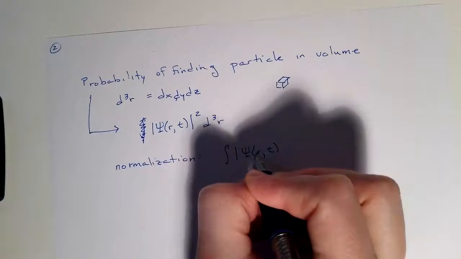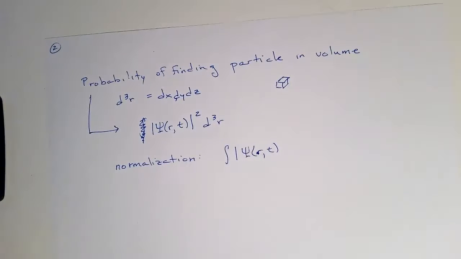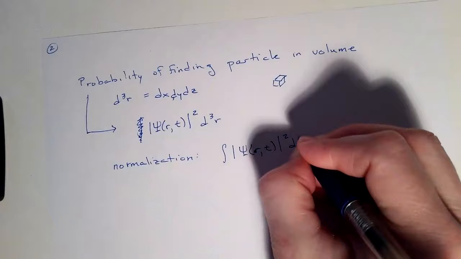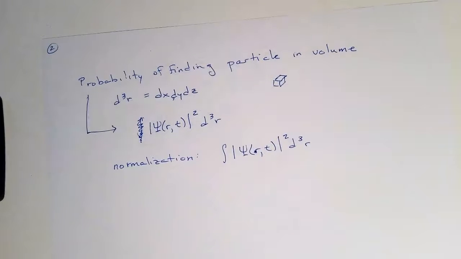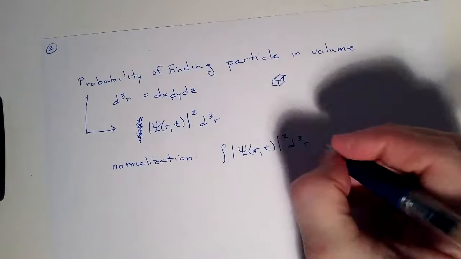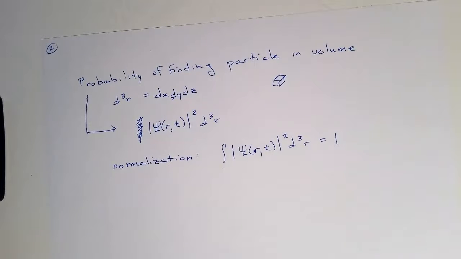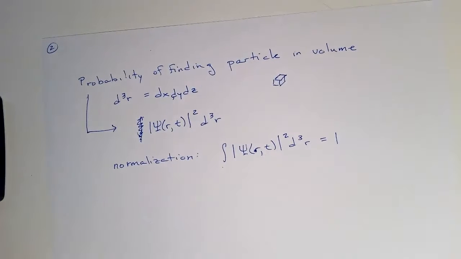And again, that's a function of all 3 dimensions of space and then also time. It's going to look like the magnitude of that squared integrated over that whole volume. And we would do this integral in all the space that this is likely to exist. And then our probability should be 1 or 100%. So that integral is over all space, or over all space where this wave function is known to exist.